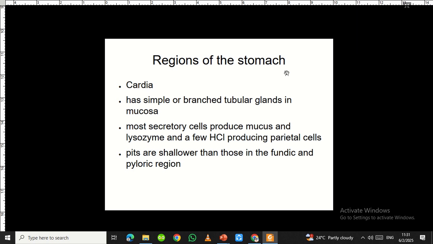But the mucus that is being produced is going to be alkaline in nature, right? So the pits are shallower than those in the fundus and pyloric part of the cardia, right?